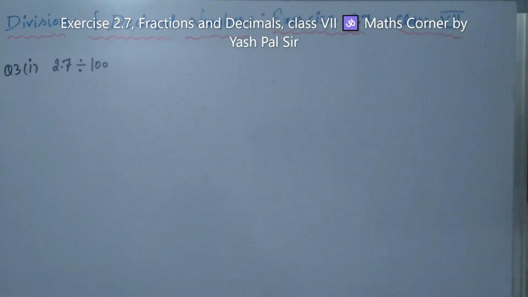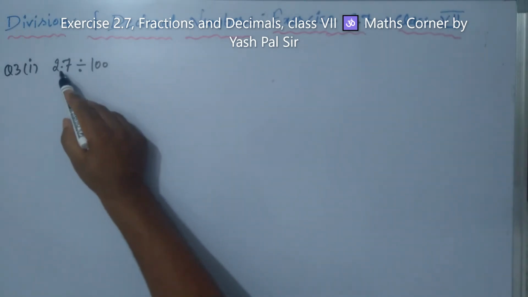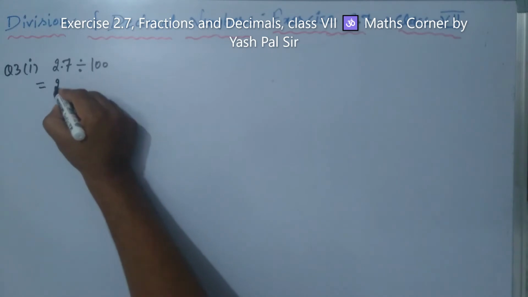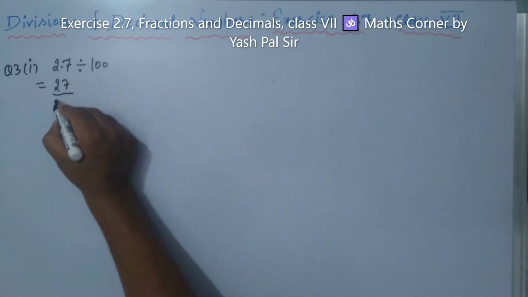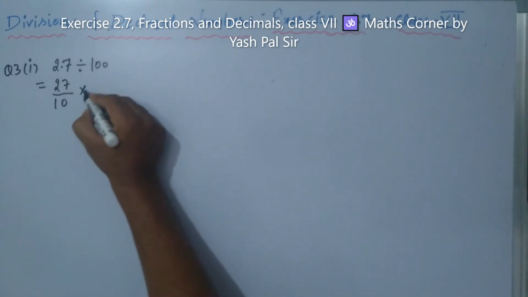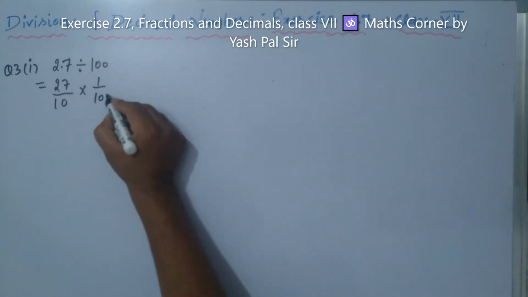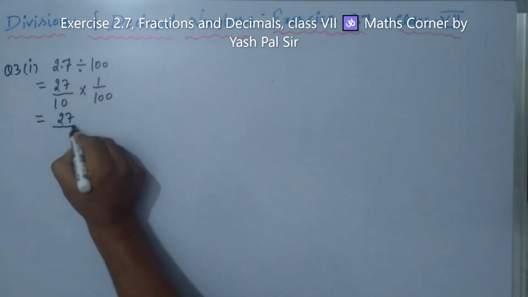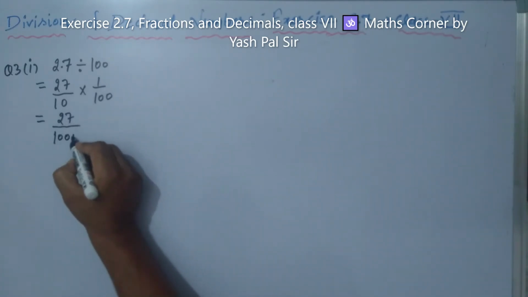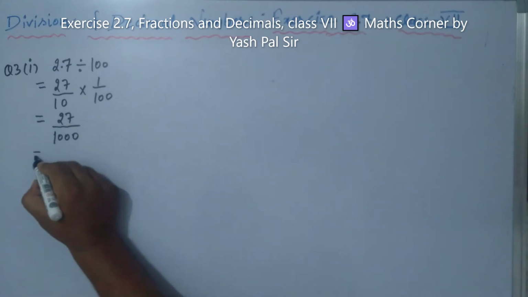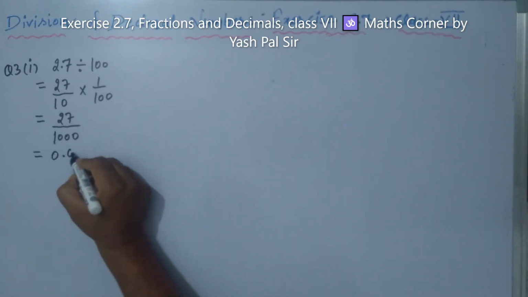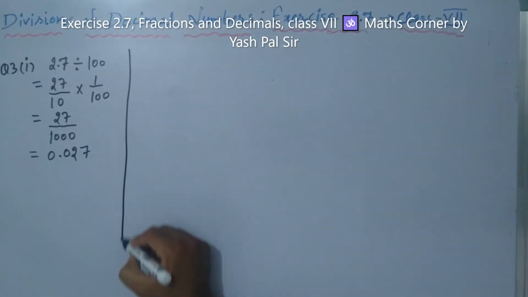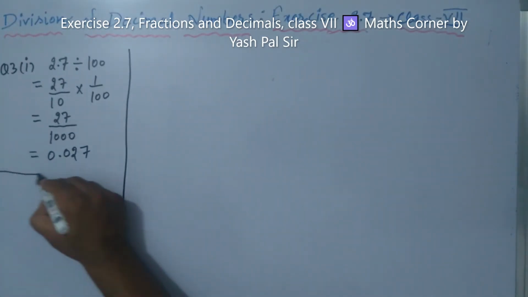Now coming to question number 3, first part, 2.7 divide 100 is equal to 27 divide 10 into 1 upon 100. This is equal to 27 divide 1000. This is equal to 0.027. So this was part number 1 of the question.